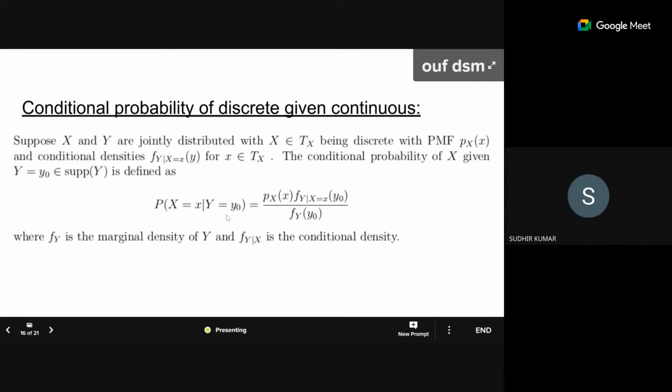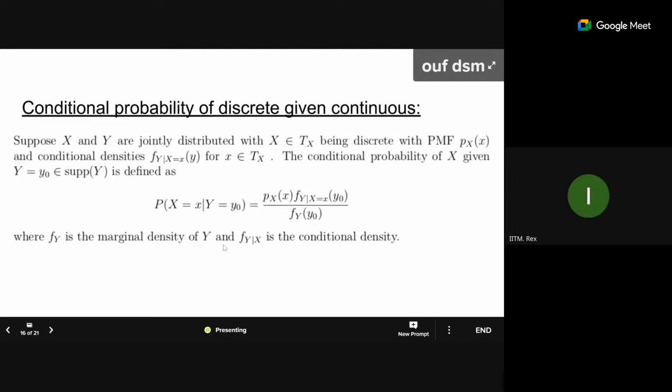Because here we talk about around y naught. So that is also one of the reasons that when we elaborate this kind of conditional probability, we explain it as the PMF multiplied by the conditional density of y given x at the point y naught, divided by the marginal of y at the point y naught.